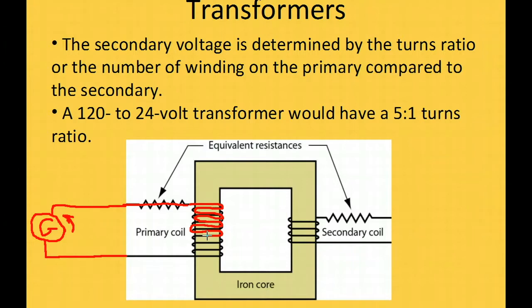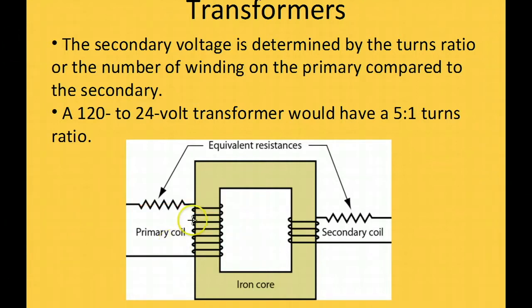So it kind of undoes what we did over here at the generator. We took a magnetic field, ran it through coils of wire, transmitted that induced electrical current, ran it through another coil of wire, and now we have that magnetic field over here.